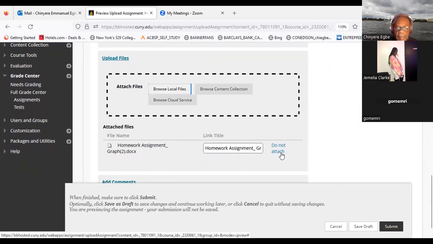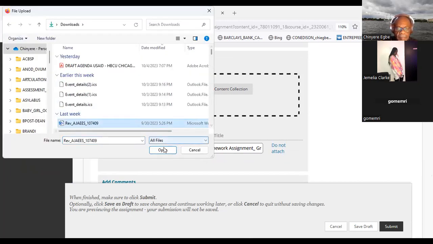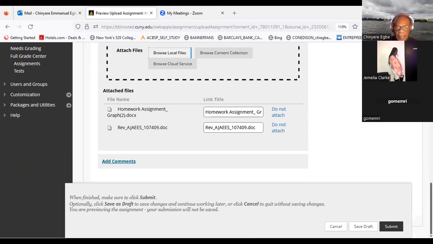That file is there. Then you go back and pick another file. The second file is there, and then you submit. Okay, I get you. Now, if you haven't finished the other one, you can simply say save draft and go back. But otherwise, it's much better you do everything and browse again and open again until you have all your files and then you submit.